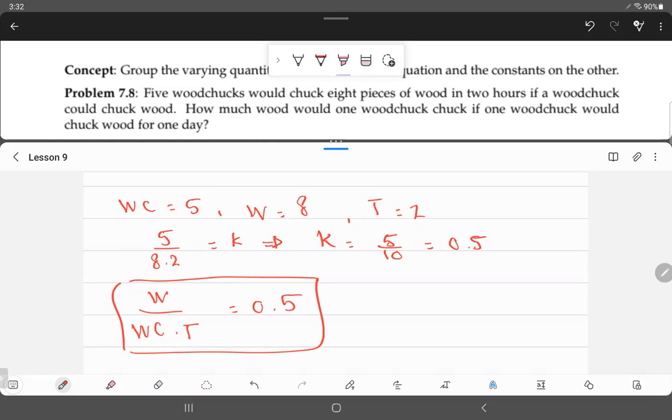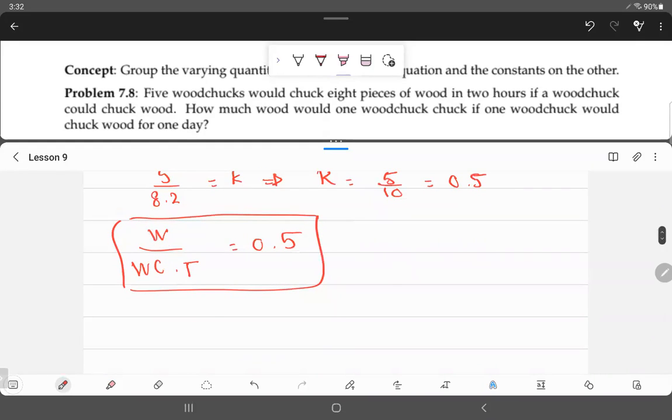Okay, now we need to use this to get the answer, right? What does the question ask us? How much wood?